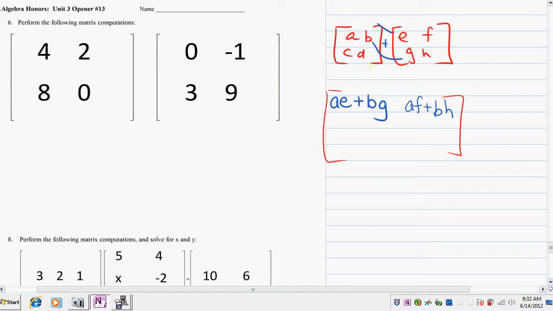So we will multiply the second row by the first column, and that will appear here. And so that becomes C times E plus D times G. And then I will multiply the second row by the second column, and that will appear here. And that is CF plus DH.